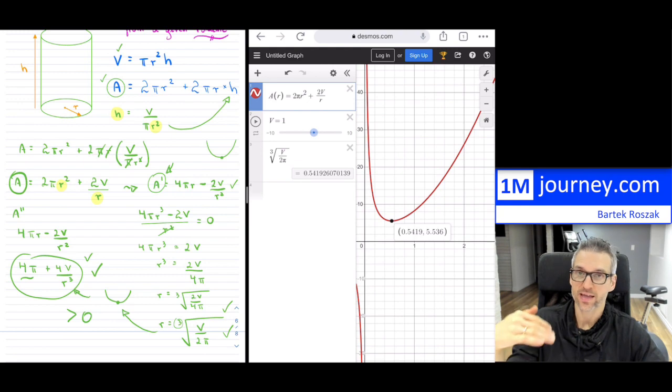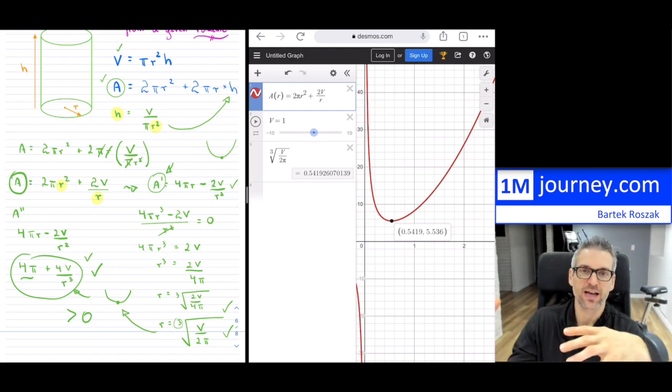I didn't set v equal to anything. I was just solving my equations, taking derivatives, checking if it's concave up or concave down, and then I solved my problems. So this is the encompassing of the first and second derivatives, and how you can use them for optimization problems, which I'm sure you're going to be running into in calculus at some point.